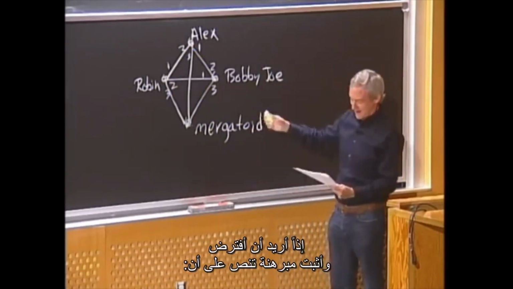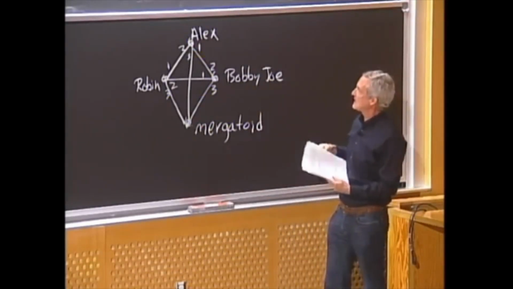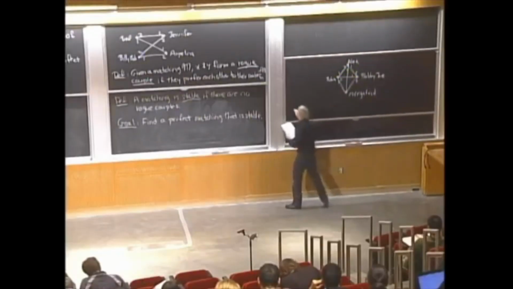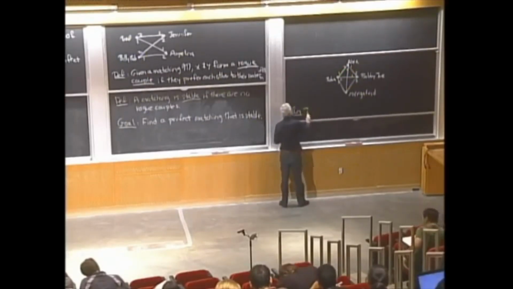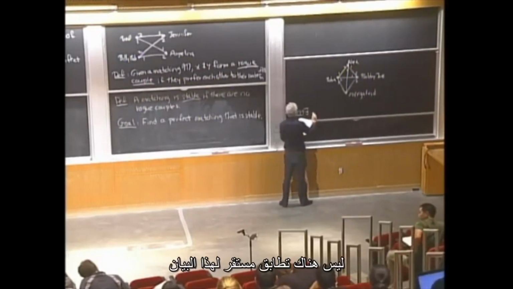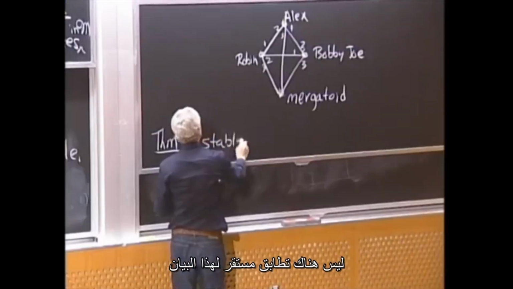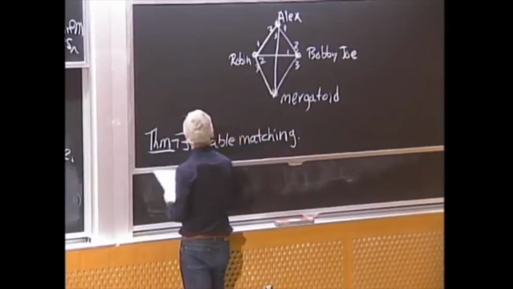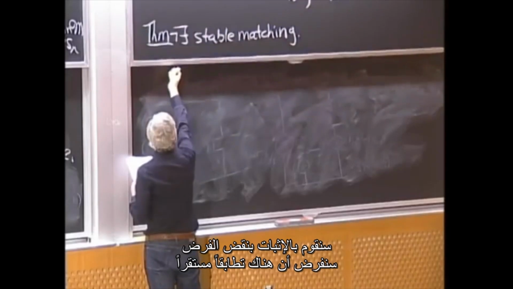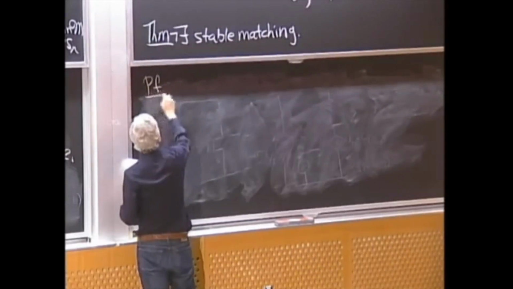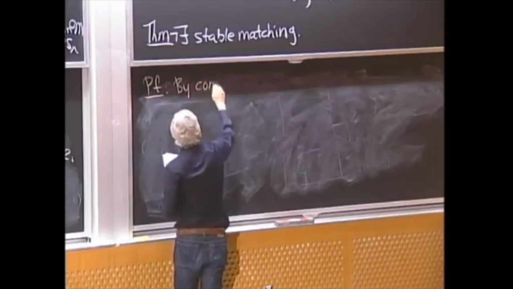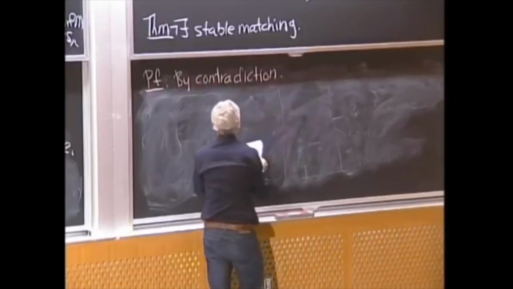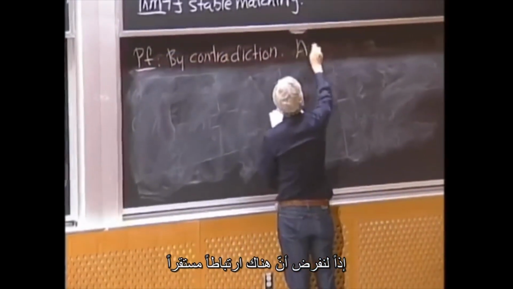All right, so I want to claim and prove a theorem that says there is no stable matching for this group of preferences. We'll state that as a theorem: there does not exist a stable matching for this graph. The proof is by contradiction. Assume there is one. So assume there exists a stable matching.